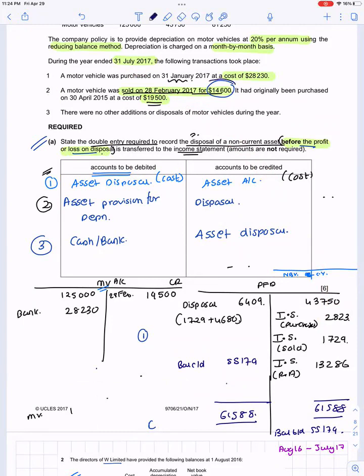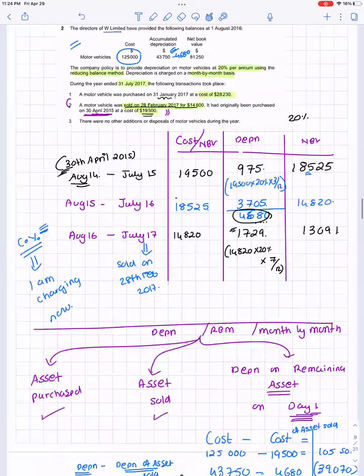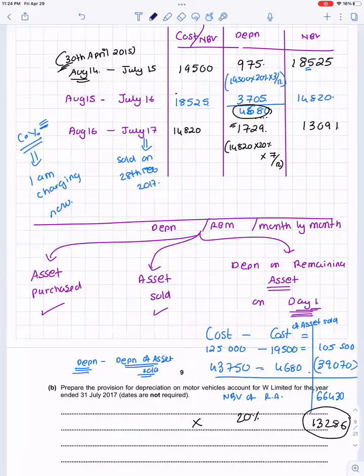For how much? 14,600. I have sold the motor vehicle for 14,600.